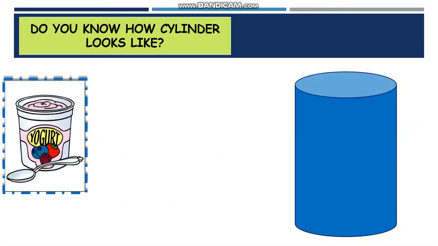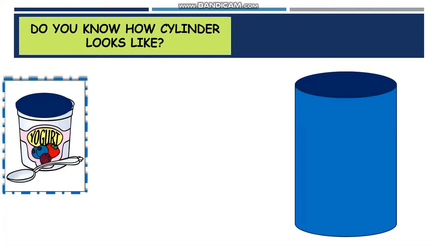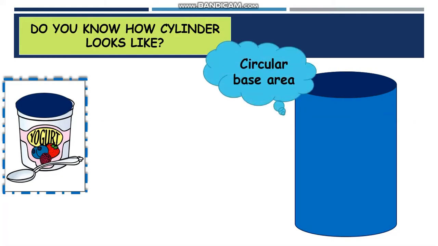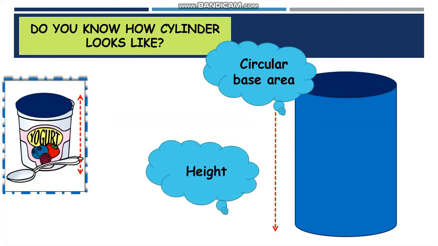Let's look at why all these examples are examples of cylinders. Yes, these examples have a right circular base, like cylinders. And also, yes, they have a height.